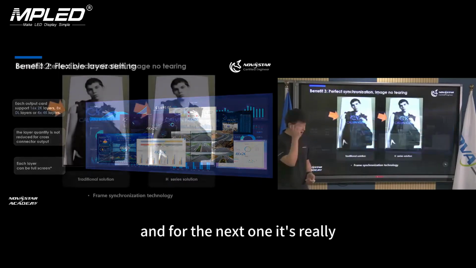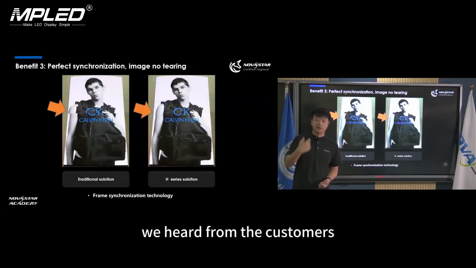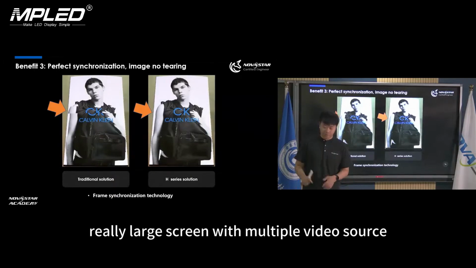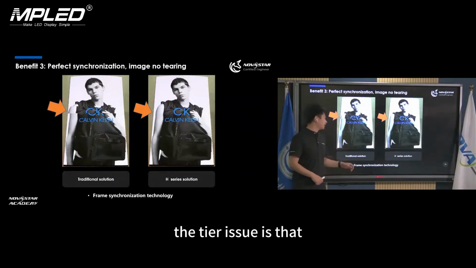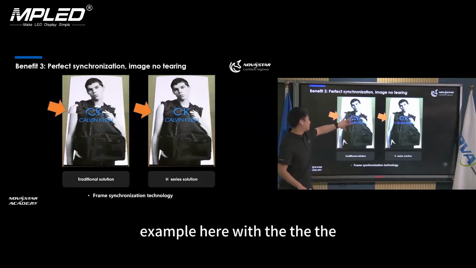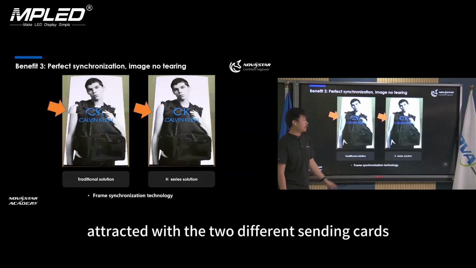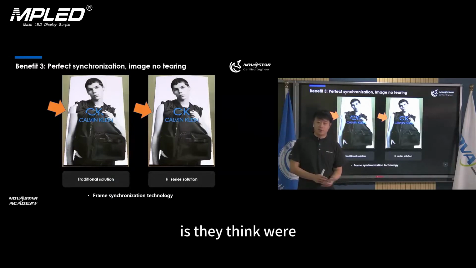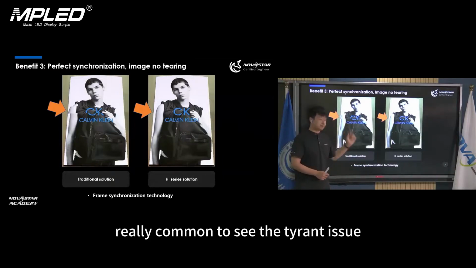And for the next one, it's a really common problem we hear from customers once you have a really large screen with multiple video sources, which is the tearing issue. The tearing issue is that, for example, here the top and the bottom parts are driven by two different sending cards. So once the video source is driven by two devices, it's really common to see the tearing issue.